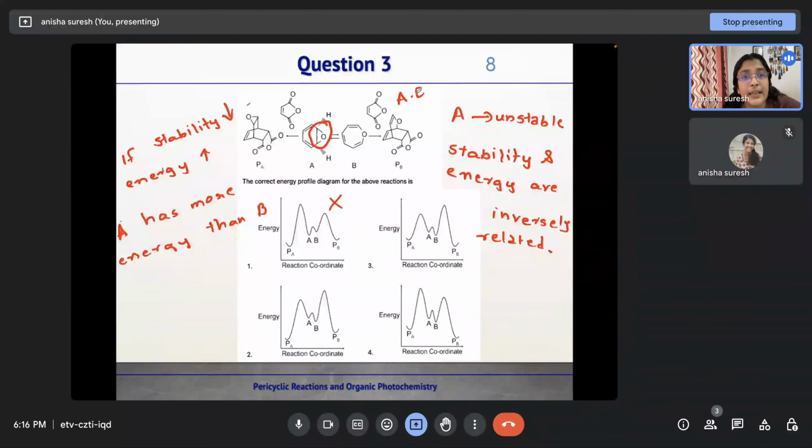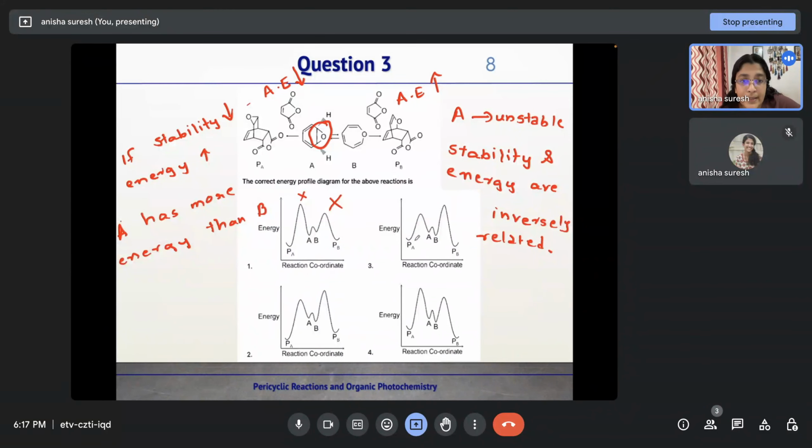Here, activation energy lower. As we can see, in this case the activation energy is given higher, so this is a wrong option, and in this case the activation energy is given lower and here higher. In this case also.